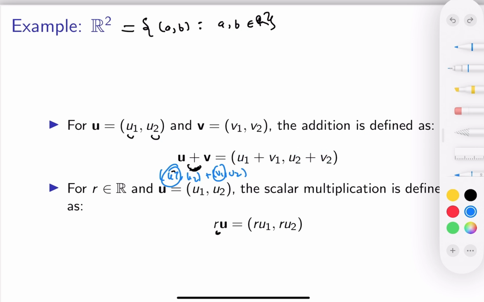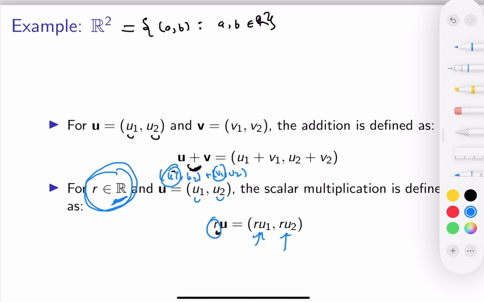So addition is defined this way. And scalar multiplication, if you start with a real number r, I stress again, multiplying the vector (u1, u2) by a scalar r, we define this to be the multiplication of the first entry by r and the second entry by r. We call these element-wise operations.